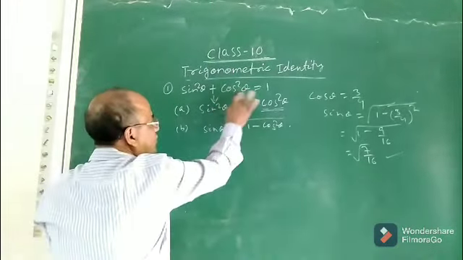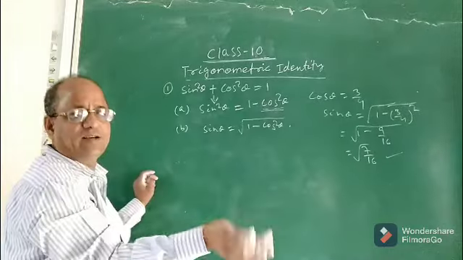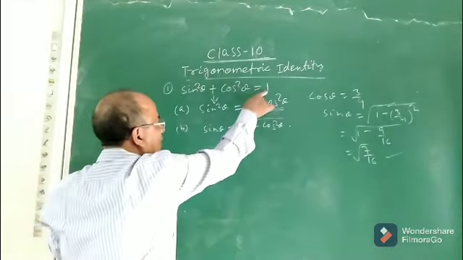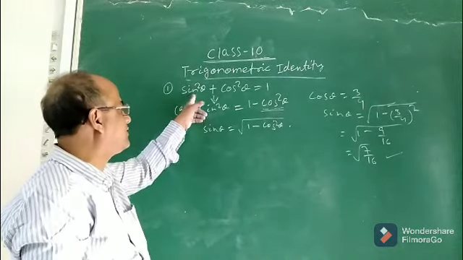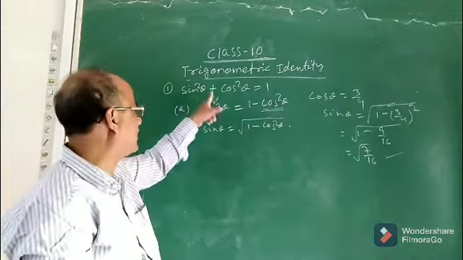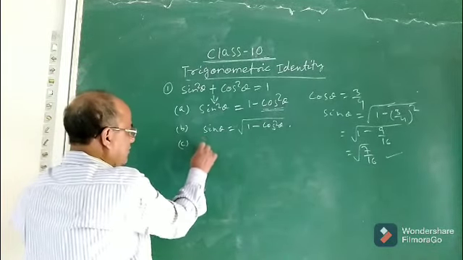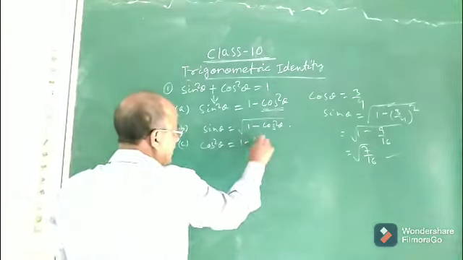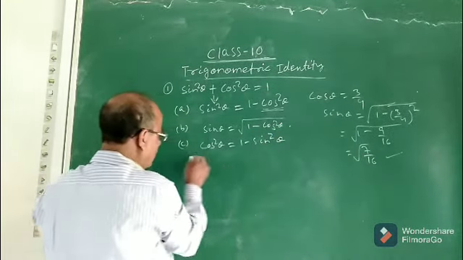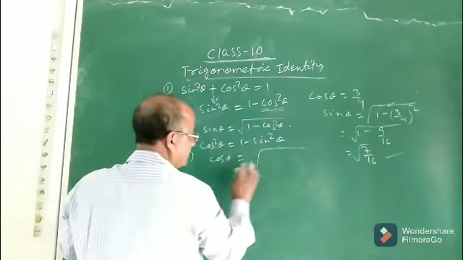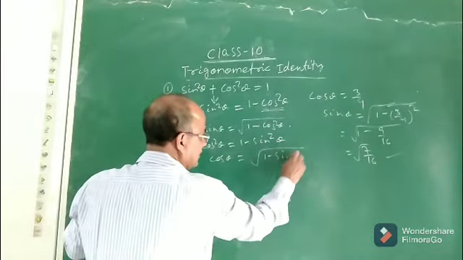Next, let us see how to express cos square theta or cos theta in terms of sin theta. If the sin square ratio and cos square ratio of an angle sum to 1, then cos square theta will be 1 minus sin square theta, and cos theta will be the square root of 1 minus sin square theta.